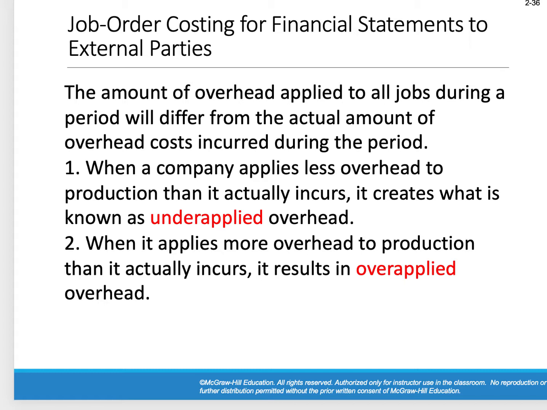There's going to be an over applied or an under applied. Okay, so when we apply less overhead to the job than we actually incur, that means we underapplied. Okay, if we apply more overhead to a job than we actually incurred, then we overapplied.